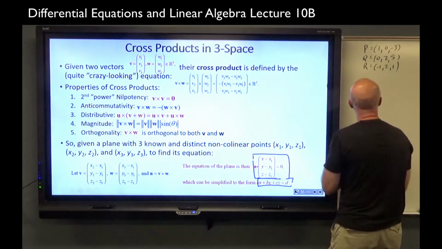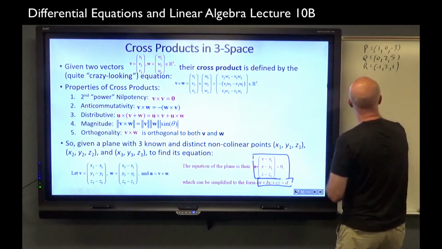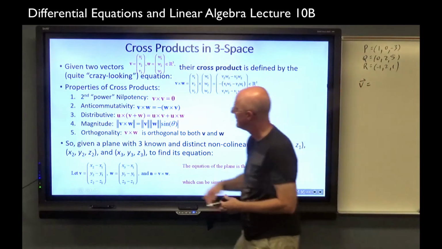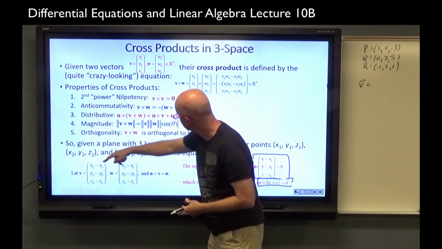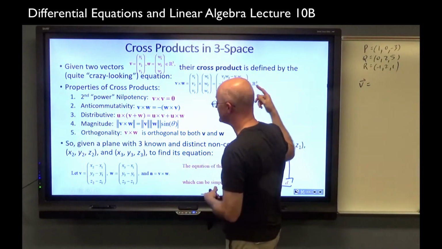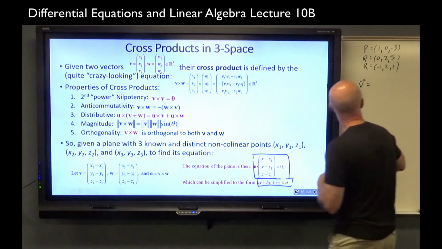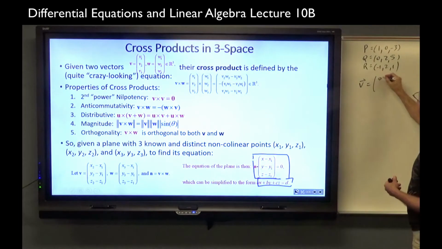So, for example, we could let V be the vector whose components are the second point's coordinates minus the first point's coordinates. So 0 minus 1, 2 minus 0, and 5 minus -3.